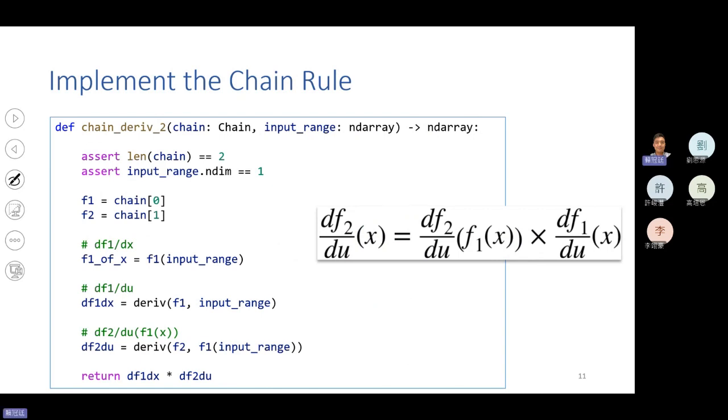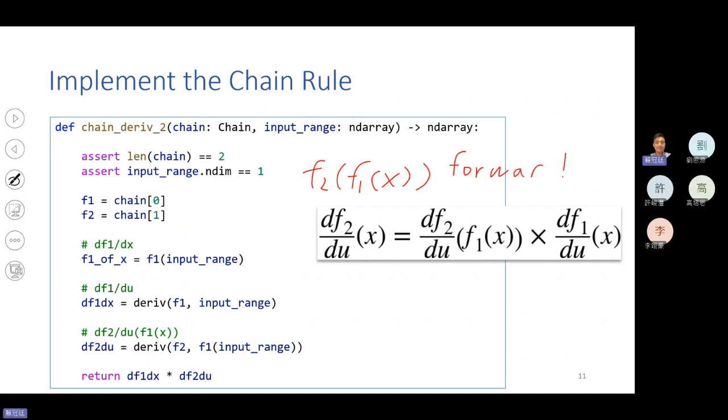So again, we will try to implement the chain rule as we have seen previously. Previously, we calculated f2 of f1, right? This is called a forward pass because we calculate the output of the first function and pass it into the second function. So this is the forward pass.